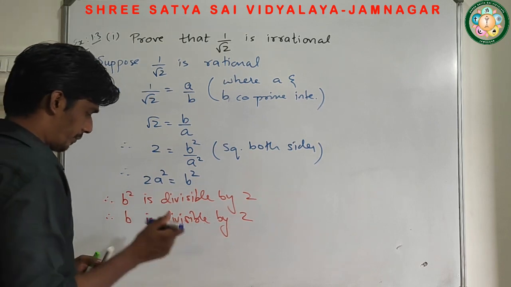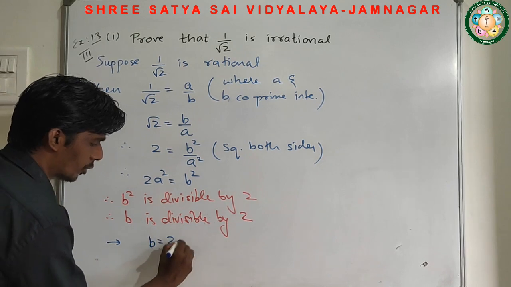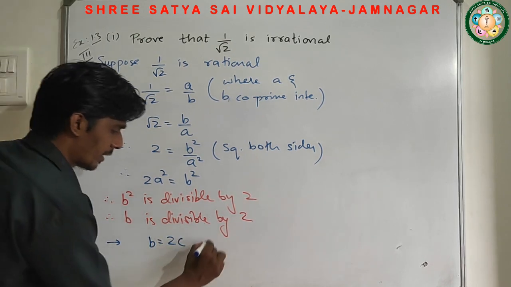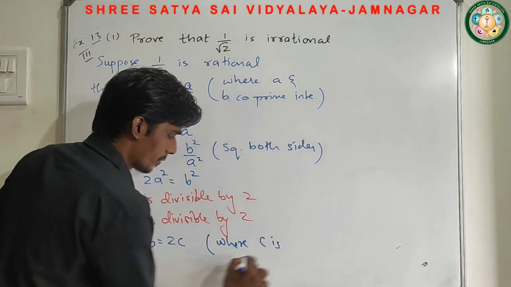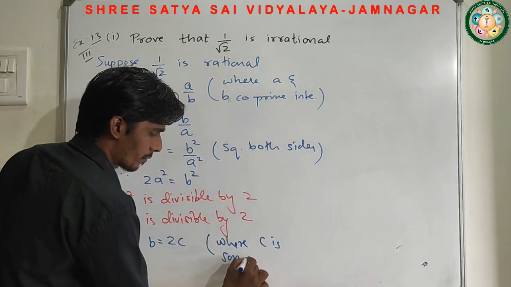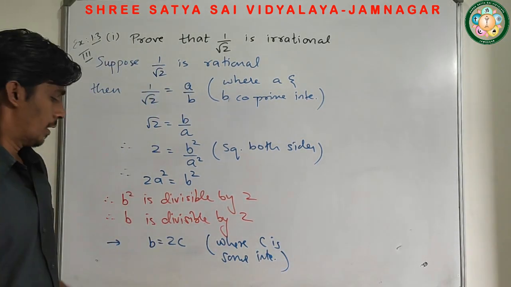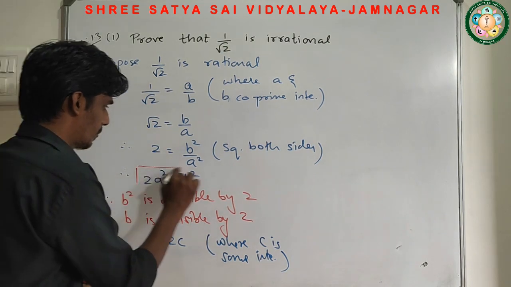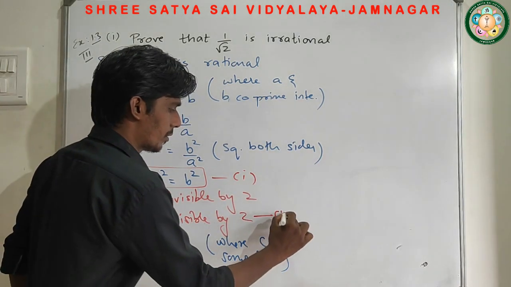So we can write 2 into some integer. That some integer I am going to take as c, where c is some integer. Say this equation is 1 and this statement is 2.